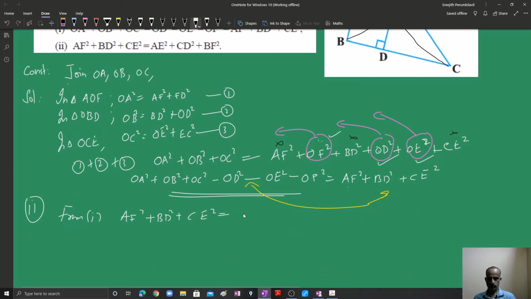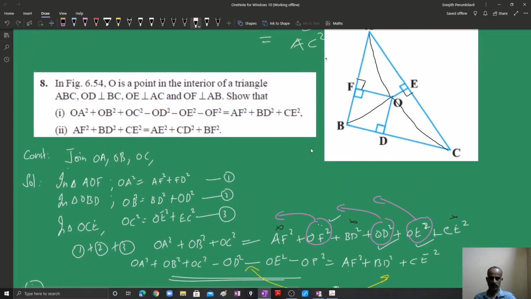It is equal to OA square plus OB square plus OC square minus OD square minus OE square minus OF square. So, this is AF square plus BD square plus CE square is equal to, I need AE.